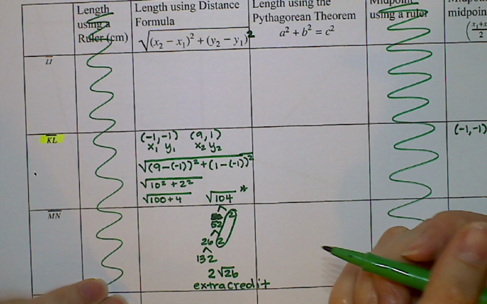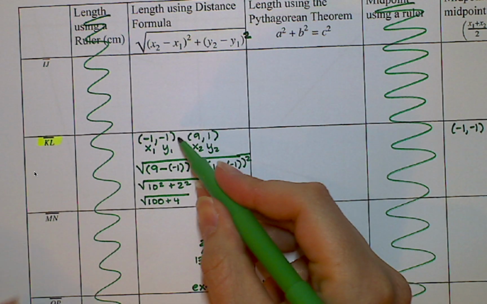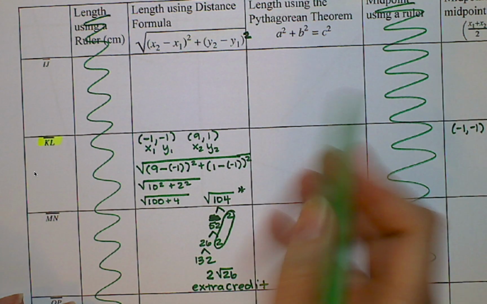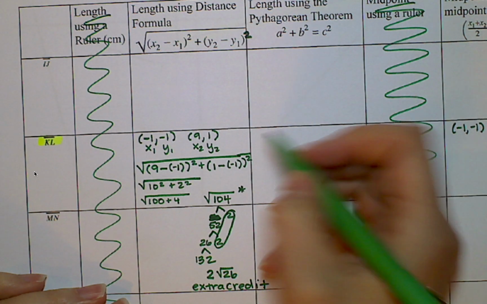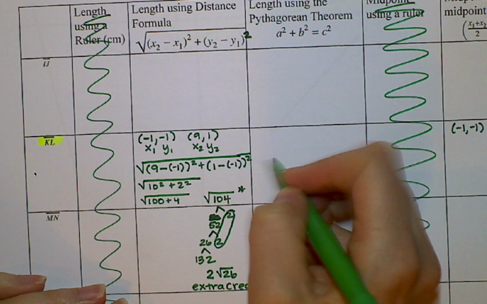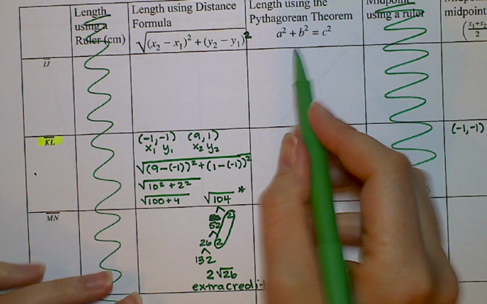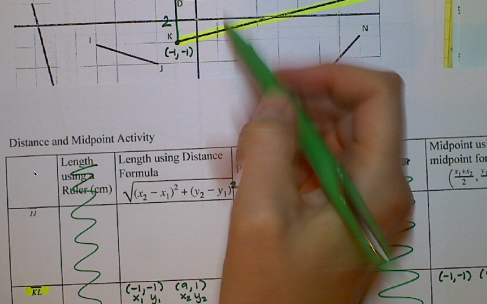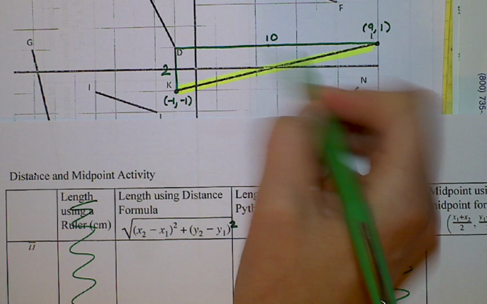Now, here's the thing about this. You should be getting the same answer here as you get here. So if you don't get the same two answers, you're doing something wrong, okay? So how you can kind of preface to see if you're doing it right is, remember with Pythagorean theorem, we're going to use the lengths that you have here, so your a squared and b squared. So this is 2 and this is 10.